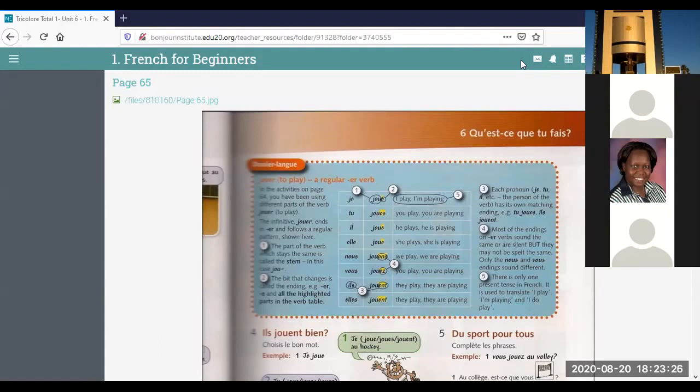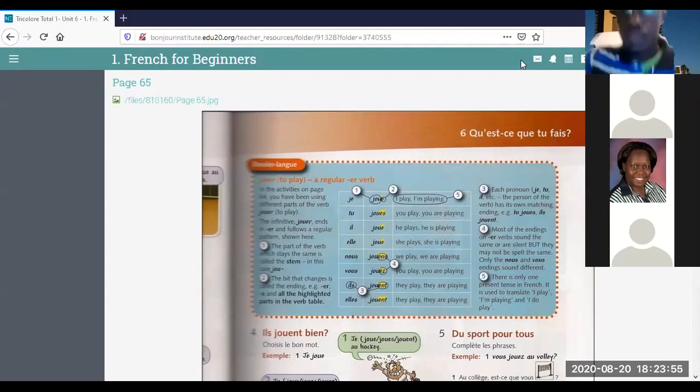The first step is to take your verb like jouer and drop the ER at the end. Then you start fixing these yellow colored endings. What remains after you drop the ER, we call the stem of the verb. And the part that has been dropped is the radical of the verb.